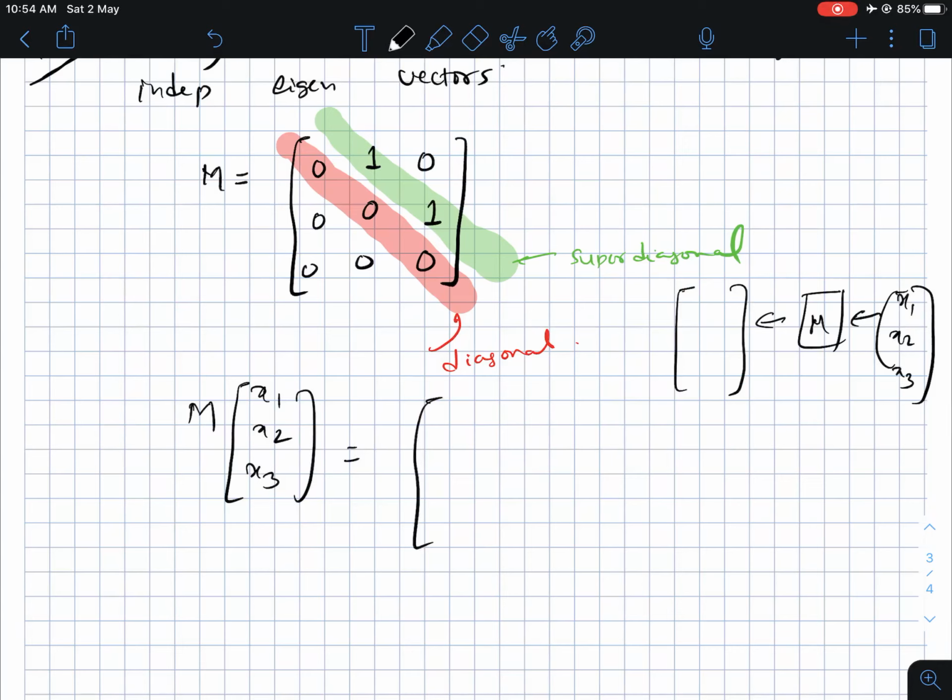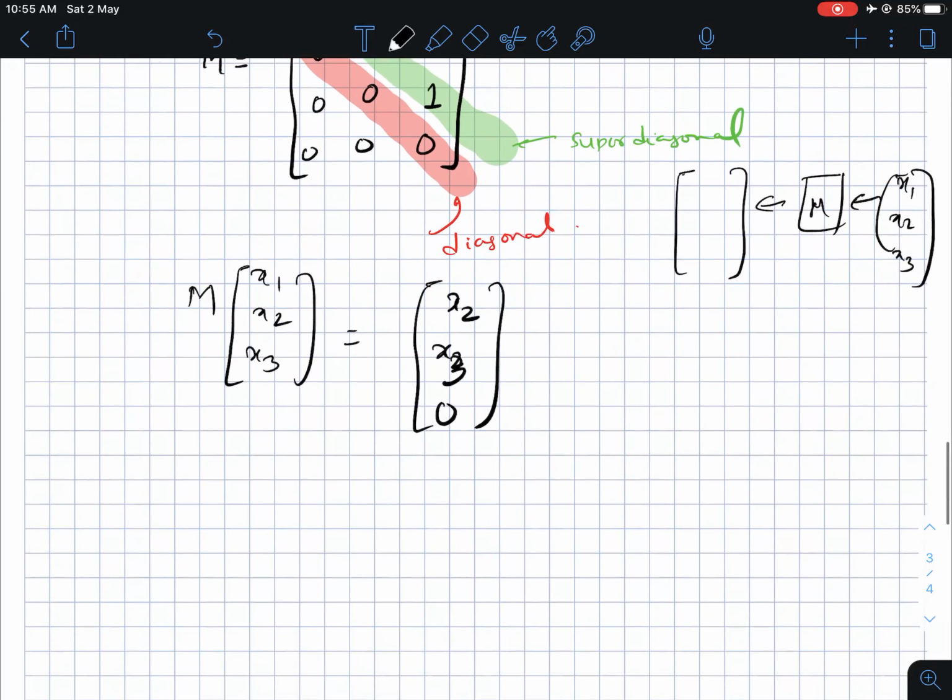Just like in the 2 cross 2 case, x3 gets pushed up to the second coordinate, so you get x3 here. x2 gets pushed up to the first coordinate, so x2 goes here, and x1 gets thrown out. The last entry is just replaced with 0. So this matrix M acts like a shift that simply ignores the overflow.